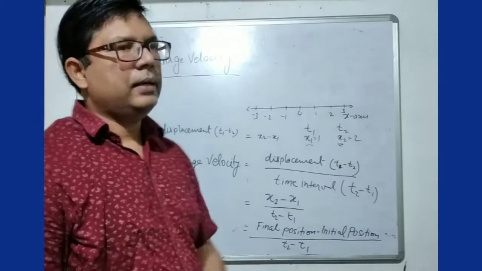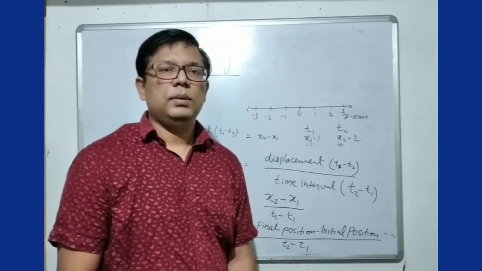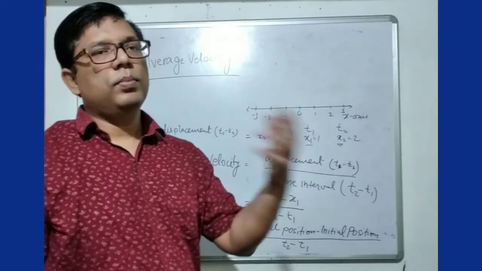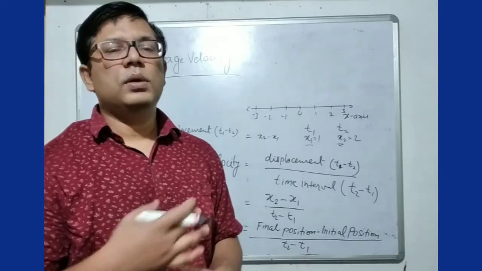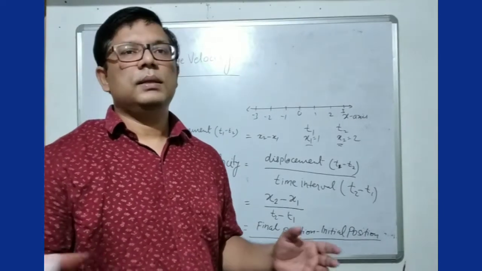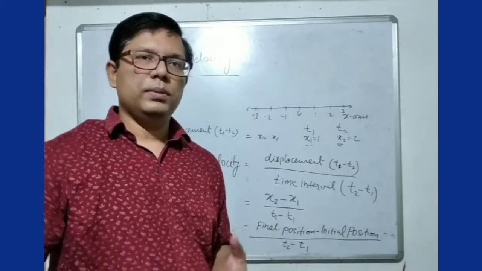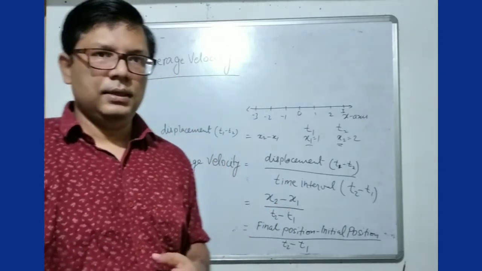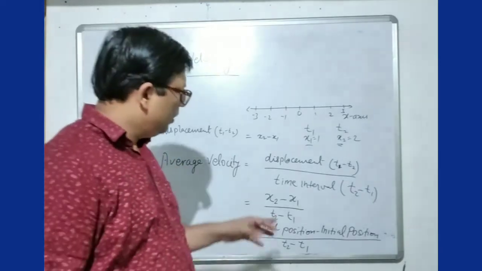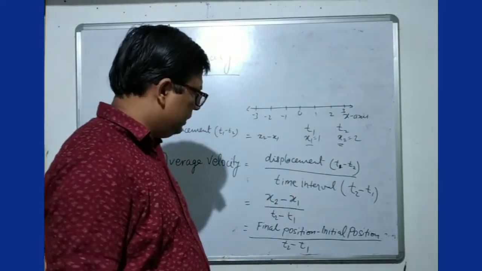Time interval cannot be negative because we are always taking t2 minus t1. We cannot write t1 minus t2, because time always progresses in a single direction. It is always moving up. So time interval is always positive.